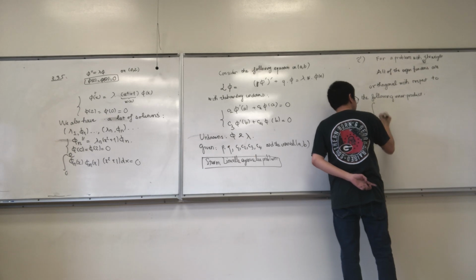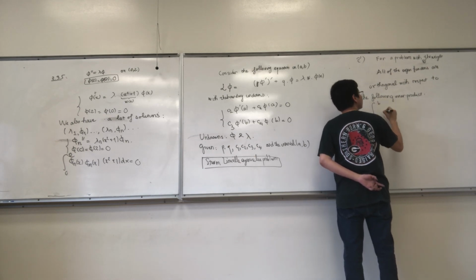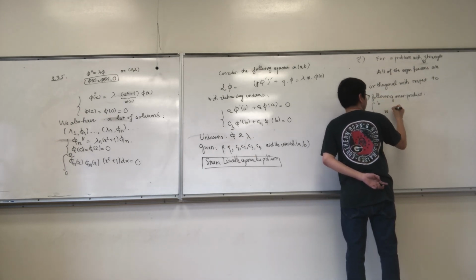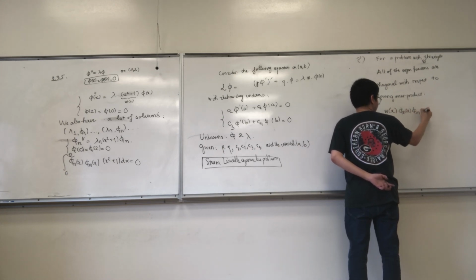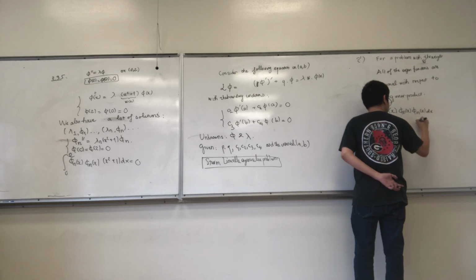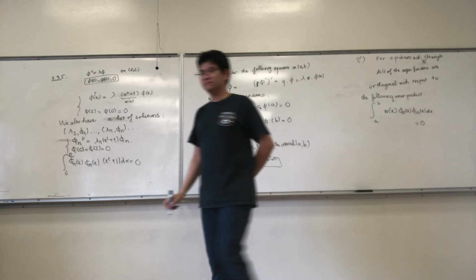So we have the integral from A to B of W x, phi n of x, phi m of x, dx is 0. Right?